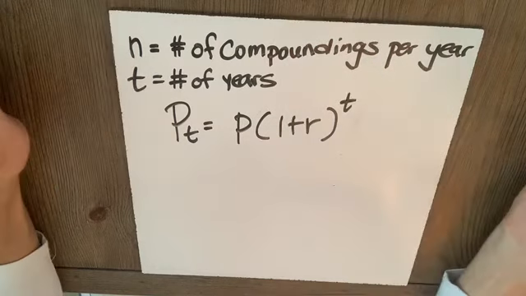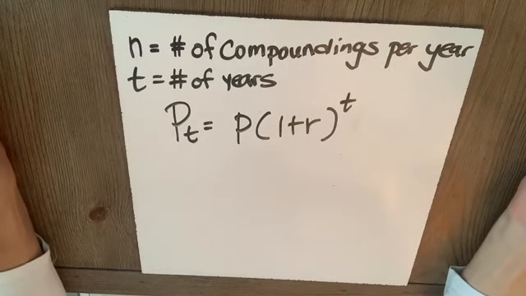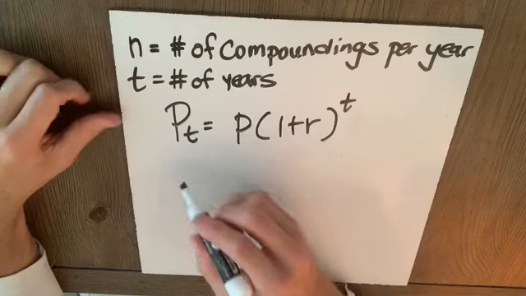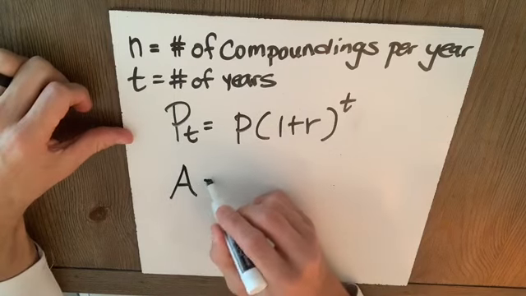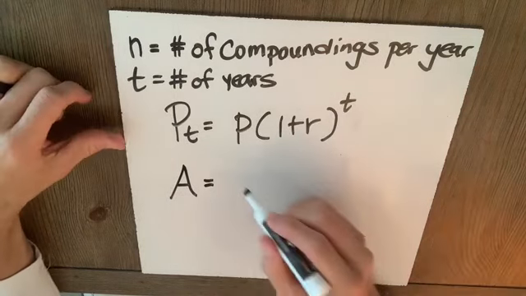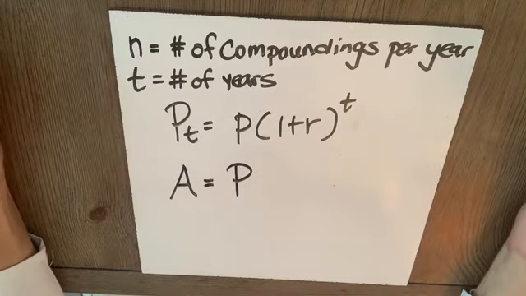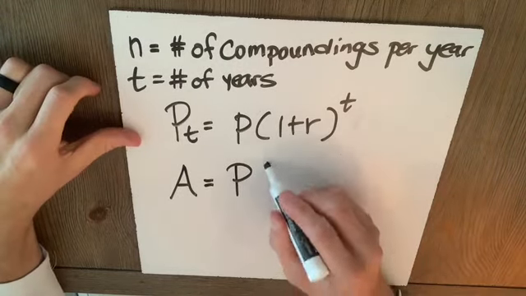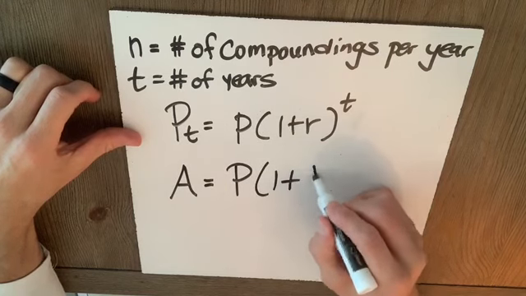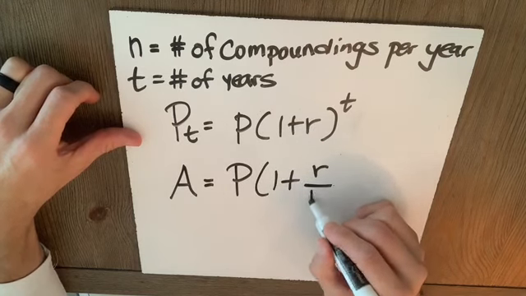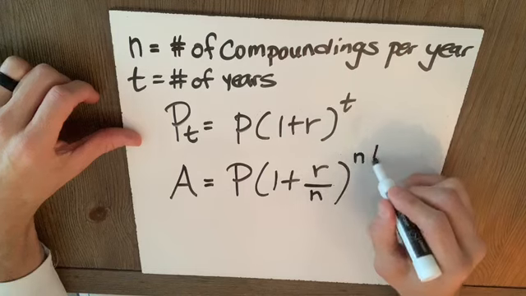That was a little bit simplified. So we're going to change this simplified equation into A, which I think of as the amount in the account, is equal to principal, the amount that you invest originally, times 1 plus R divided by n, to the nt.